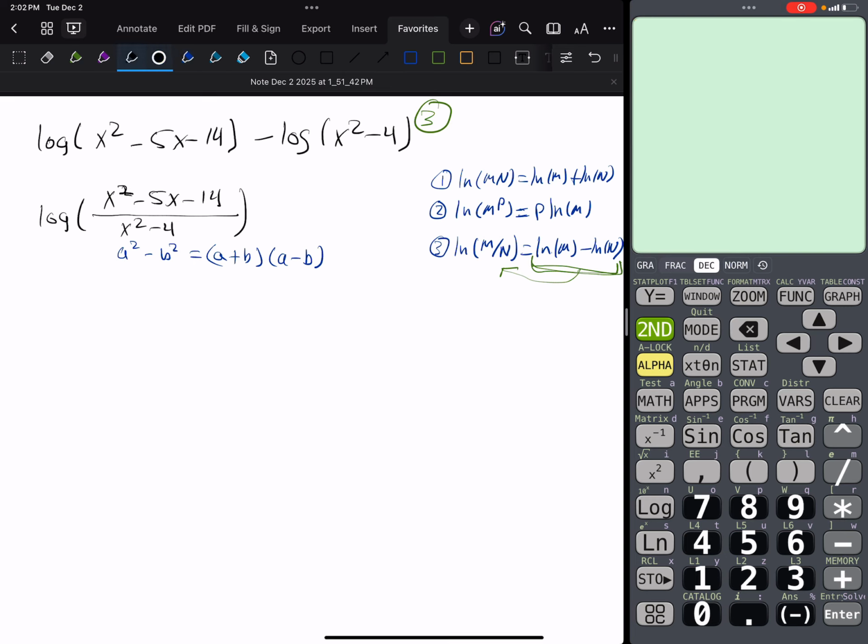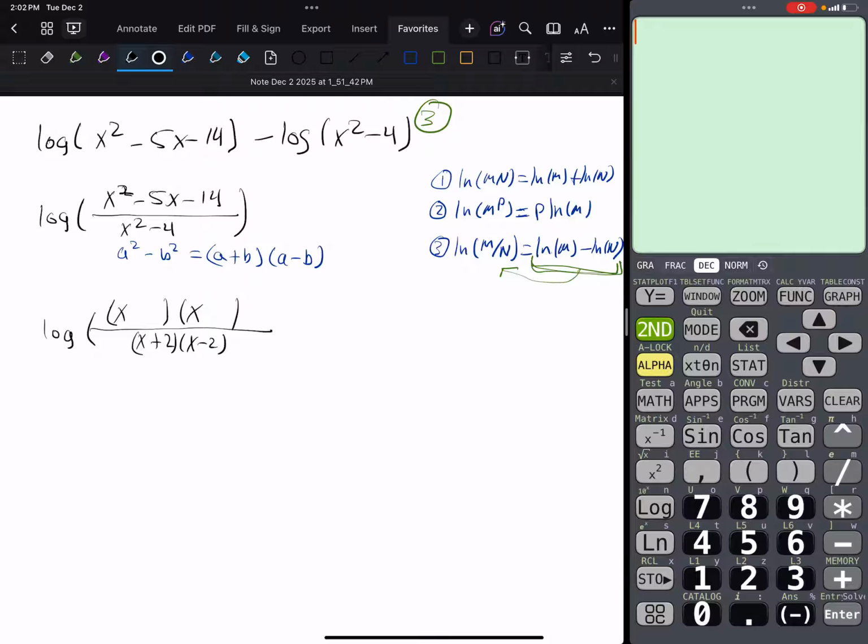So we might as well write down here log. It's a common log. And then my denominator will be x plus 2 times x minus 2. But the numerator, it's a trinomial with a 1 in front of the x squared. That means if it factors, it'll factor into two binomials that start with x, because the first of FOIL will be x times x, which will give me that x squared.